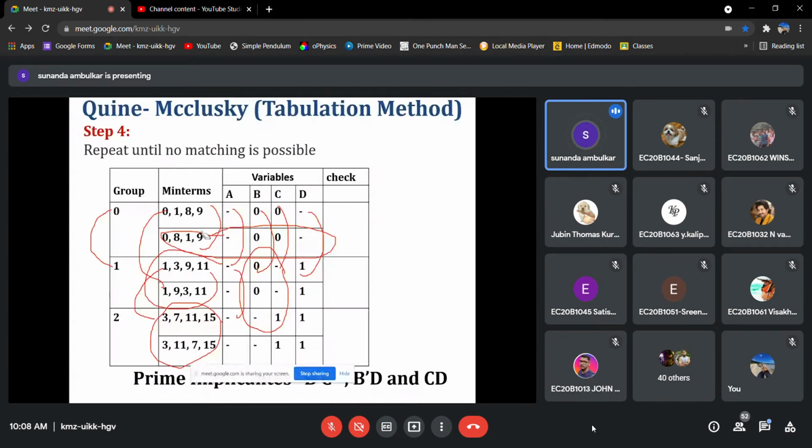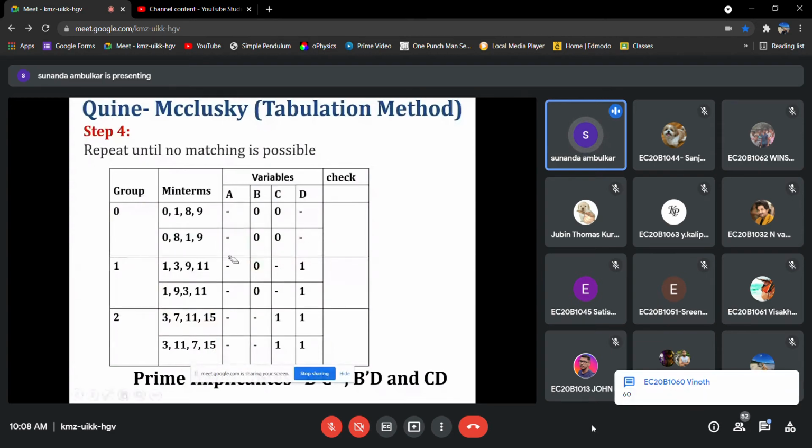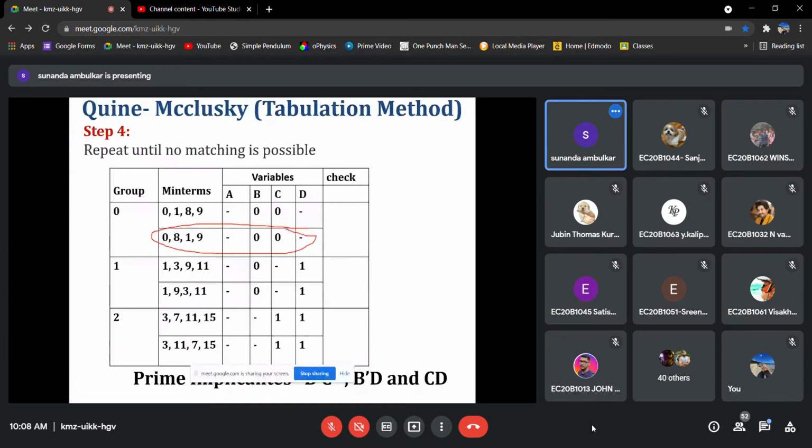Okay, so what else do we have to do after you finalize, till the time you find the final comparison table? Here we have to check whether any redundant terms are there or not. This is a redundant term, this is also a redundant term, this is also a redundant term. We don't need to consider these terms because these are the same terms. So we have this term, this term, and this term.